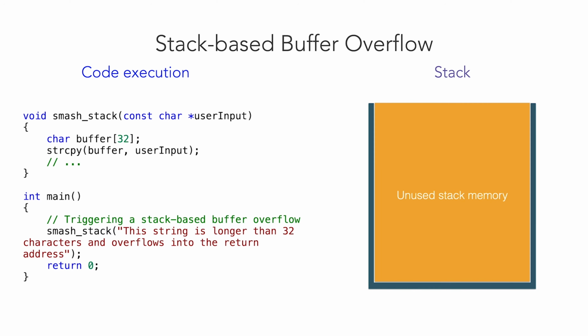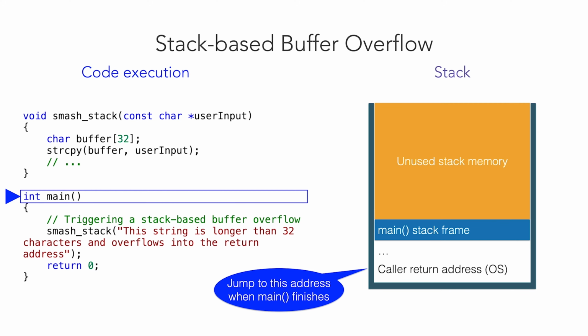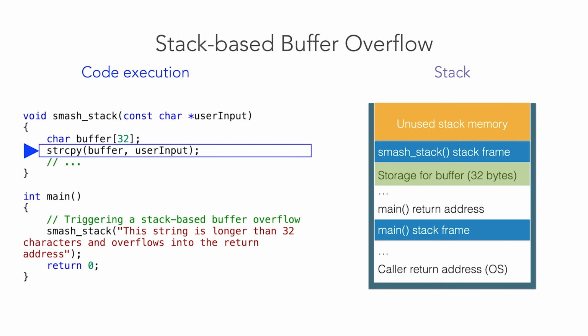When a function is called, a new stack frame is created on the stack. This stack frame contains local variables of the function and the return address of the caller. When the function completes its tasks, it uses the stored return address to jump back to where it was called. In our example, the smash stack function takes an input string and copies it into a local character array buffer of length 32.